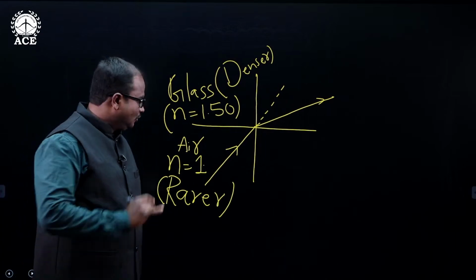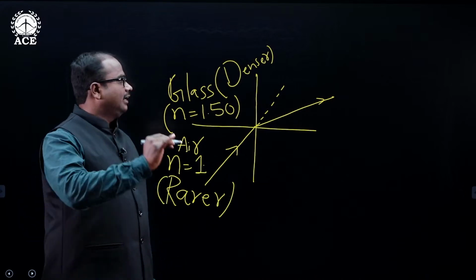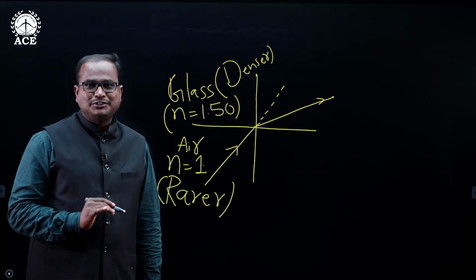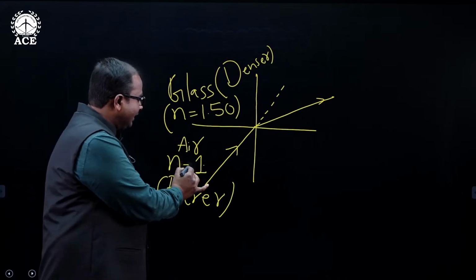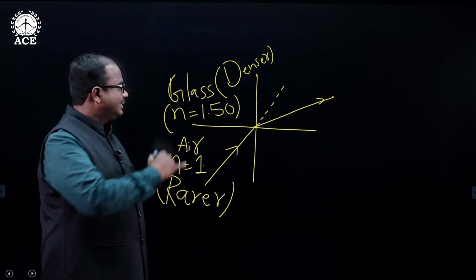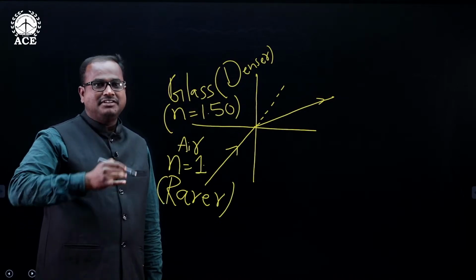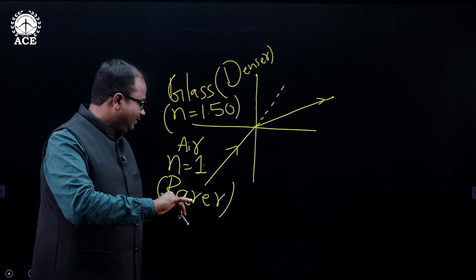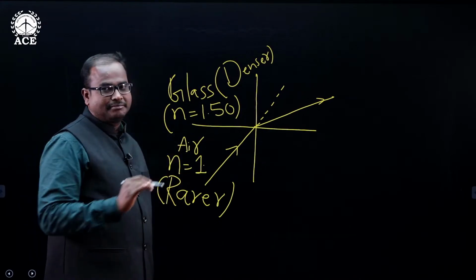So there are two types of mediums, air medium and glass medium. Why is air known as rarer medium? Because its refractive index is less as compared to glass. When you compare the air medium with glass medium, the refractive index of air is less. That's why we call it rarer medium.